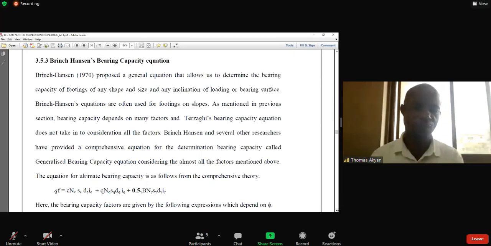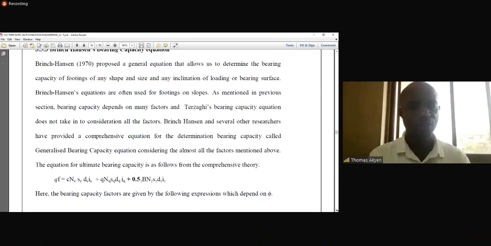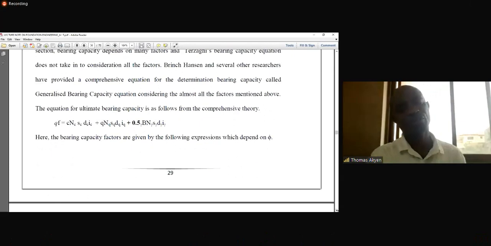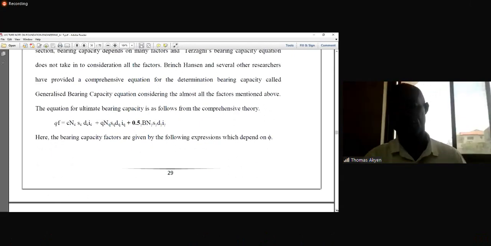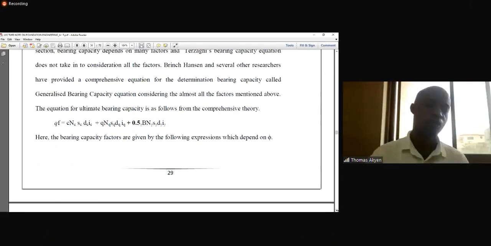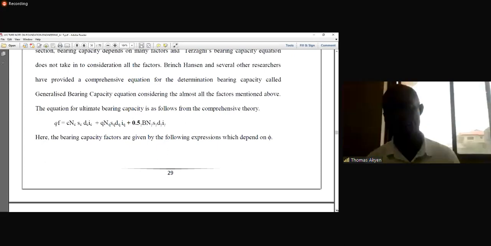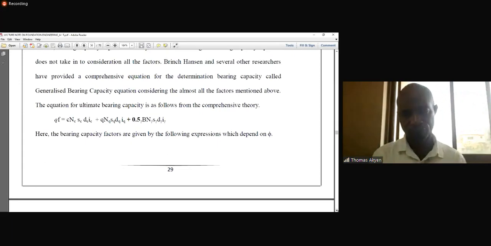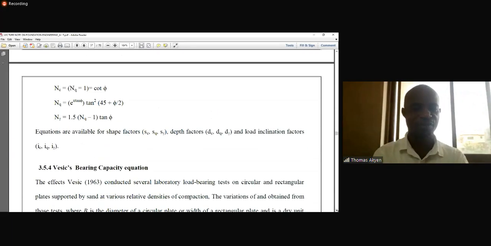Here we have the general bearing capacity equation illustrated, with the bearing capacity factors given by expressions which depend on phi. They have all been explained.